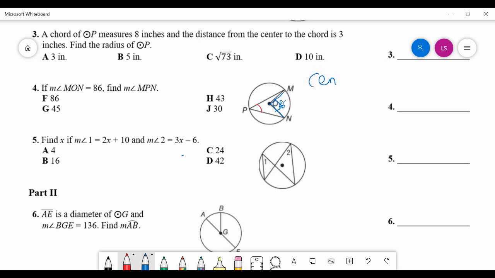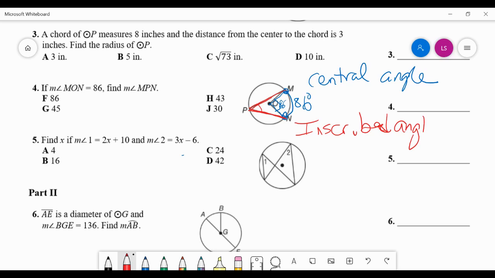It's a central angle, right? And if that's 86, the arc right here is also 86. And MPN, which is the angle we're looking for, is an inscribed angle.